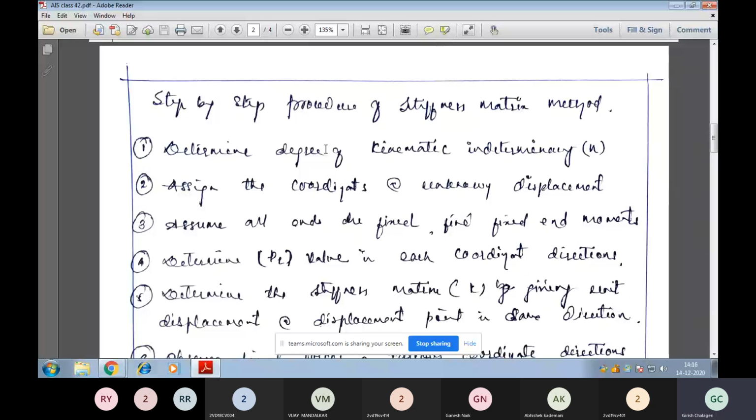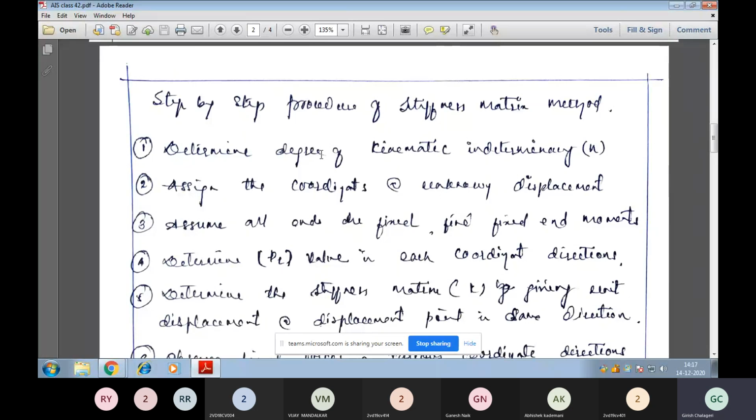Third step, we assume all ends are fixed ends. We separate the individual members, assume them as fixed ends, and find the fixed end moments. That is the third step. Fourth step, as we know the individual coordinate directions, we are going to determine the value of PL. Whenever you solve the problem, you come to the value of PL.